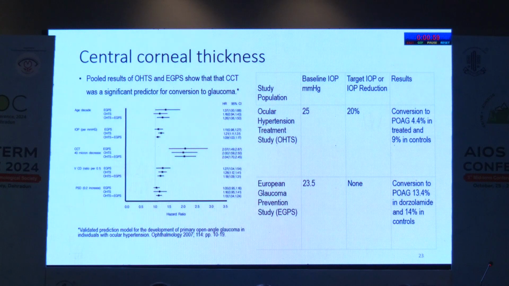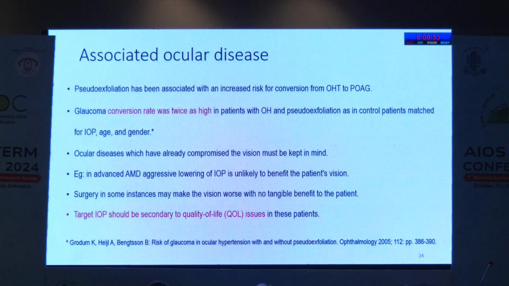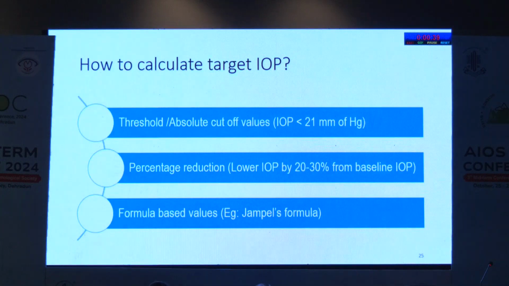CCT is now an established risk factor, so with thinner corneas, you need to be more aggressive in your therapy. And in pseudo-exfoliation and ocular hypertension, it has been found that the conversion rates to glaucoma are much higher. But at the same time, you need to look at the quality of life issues.